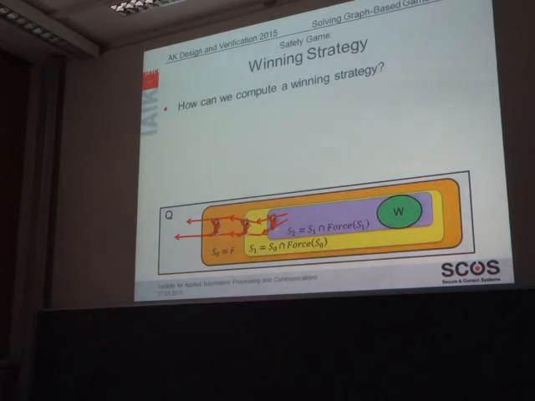Stay in green, yes. It's so easy that it's almost ridiculous. From this purple region, the evil guy can enforce us to go into yellow, and from yellow the evil guy can enforce us to go to orange, and from orange it can enforce us to go outside. So we must avoid that we ever get here. We must make sure that we stay in this green region.